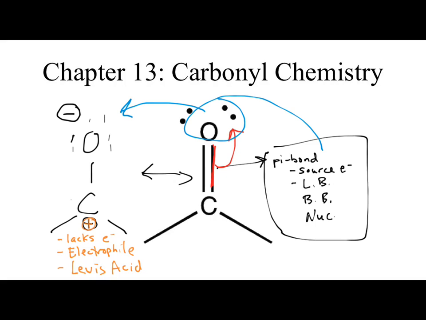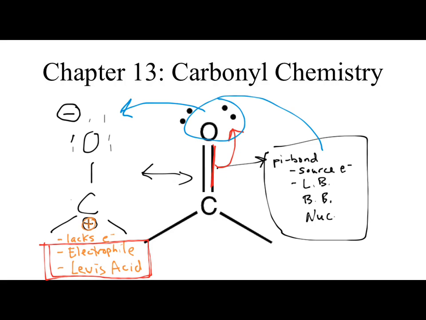So if we're going to look at the carbonyl in our neutral state, the oxygen is already fairly happy as being neutral. And in fact, we can even draw more electrons towards it. So it's already pretty stoked. Our carbon, on the other hand, has lost electrons. So when we look at the reactivity of our carbonyl, the primary thing we end up discovering is that we're looking at them act as electrophiles or Lewis acids.